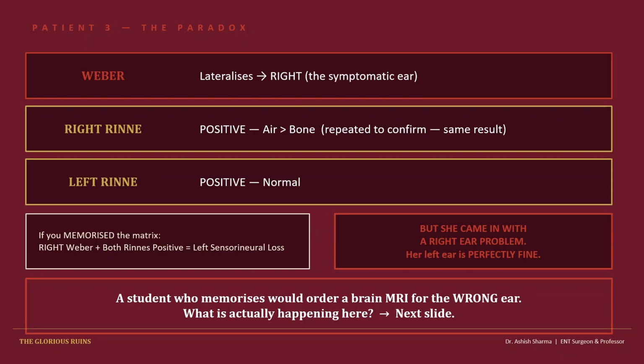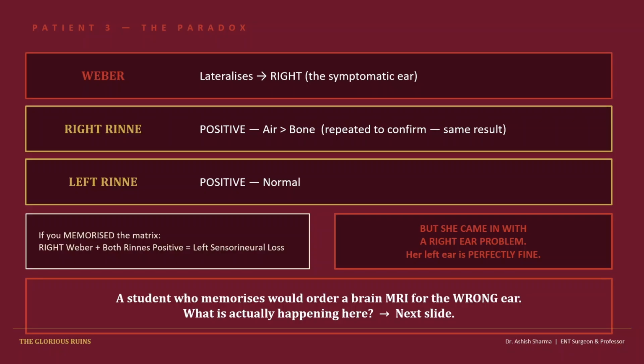And now, if you have only memorized the matrix, your brain hits a wall. Weber lateralizes to the right. Both Rinne's positive. The memorized rule says left-sided sensory neural hearing loss. But that makes absolutely zero clinical sense. This woman walked into my clinic complaining about her right ear.